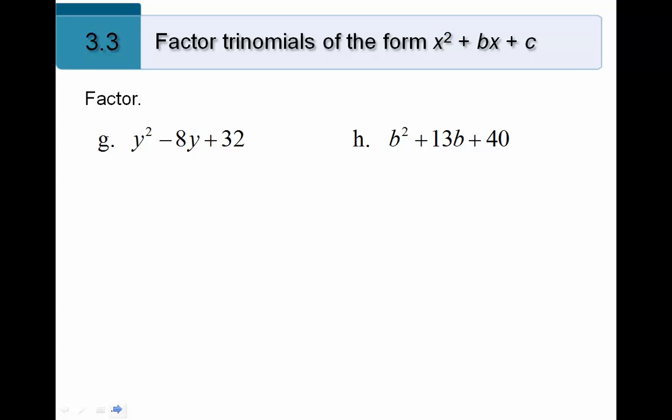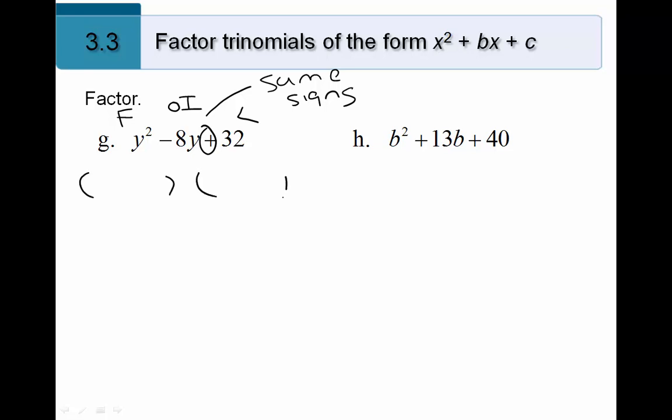All right. I believe that these are our last two. So let's try this one. Notice my signs have to be the same. F, L, O, I. So y times y is y squared.